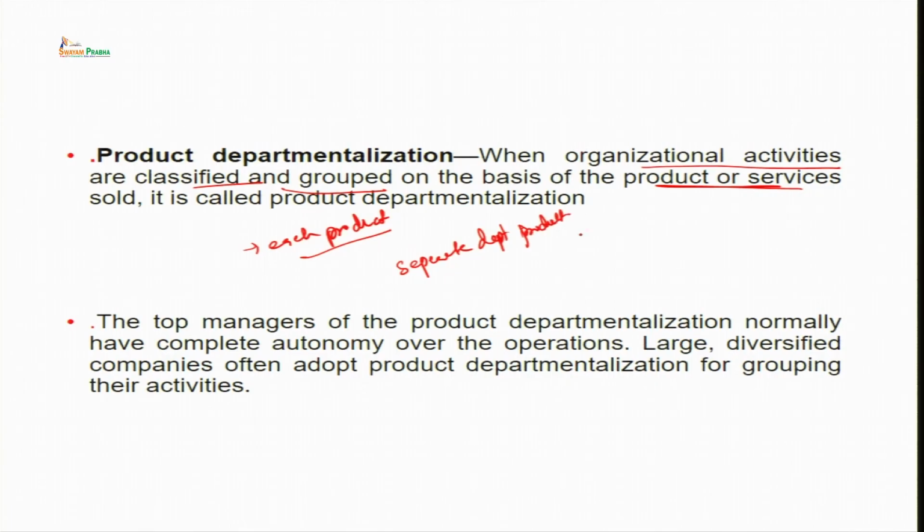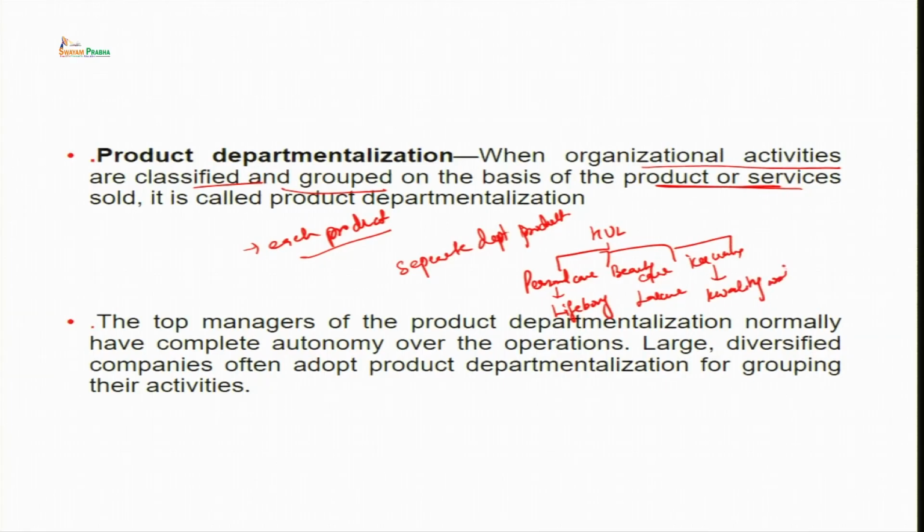So, like we discussed about HUL, it will have its divisions like personal care. This is one division for personal care, the other can be for beauty care department, and so on.